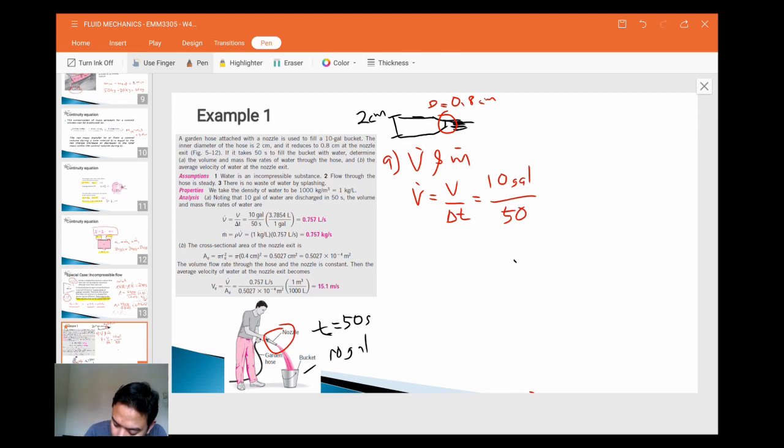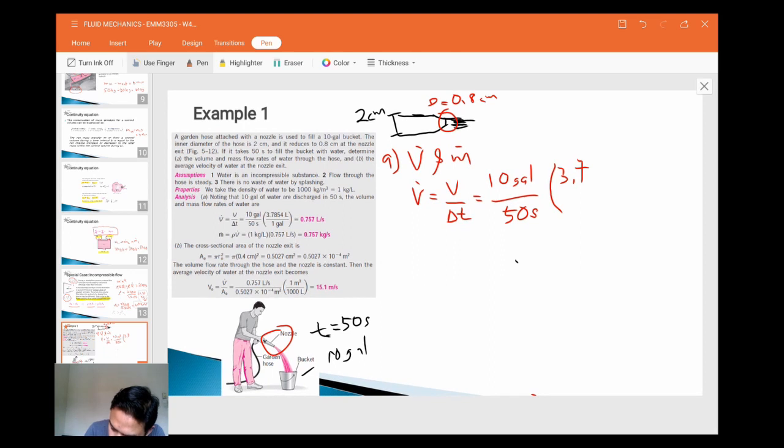So we convert this to liter per second by multiplying with 3.7854 liter per 1 gallon.